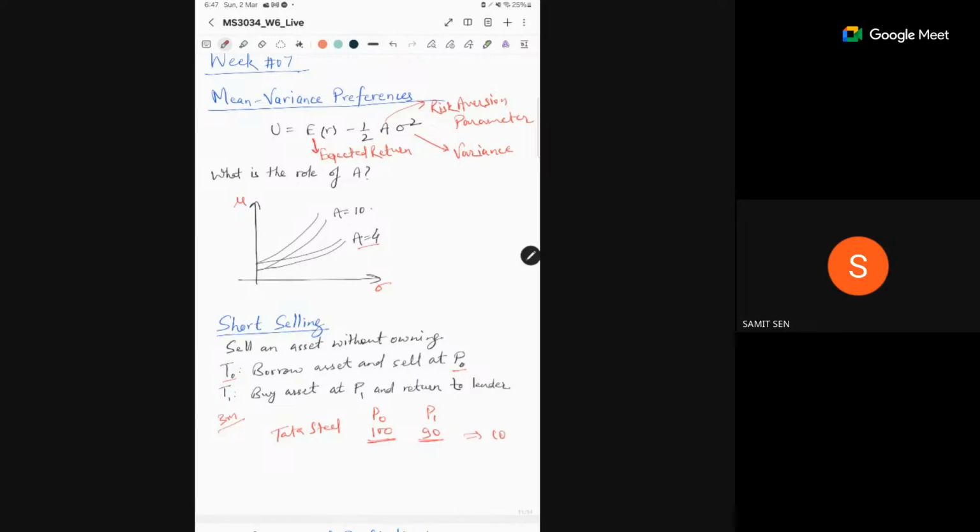And if the price goes up by this much, then you would make a loss of 10 rupees. This is the simplest version of short selling. If you have any doubts regarding short selling also, please let me know.